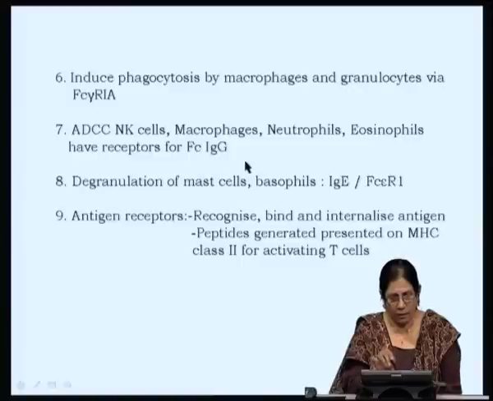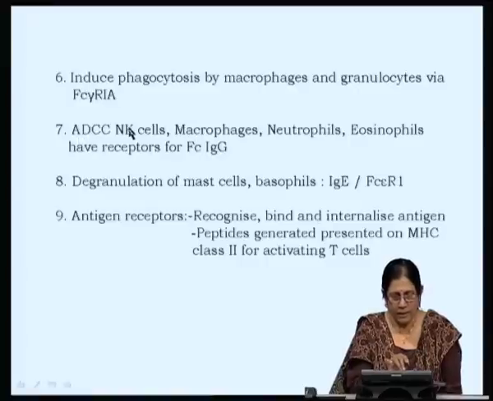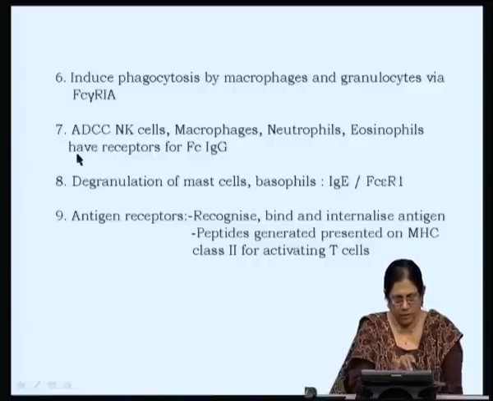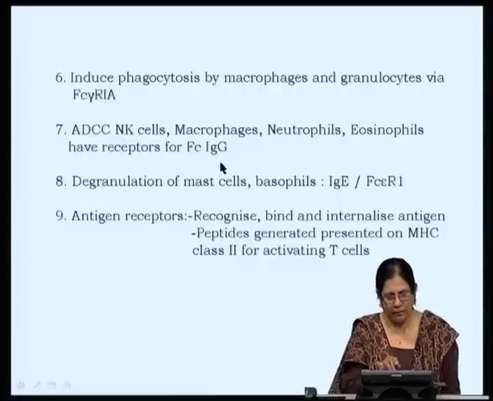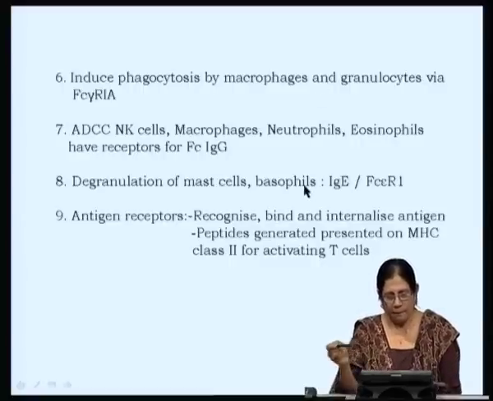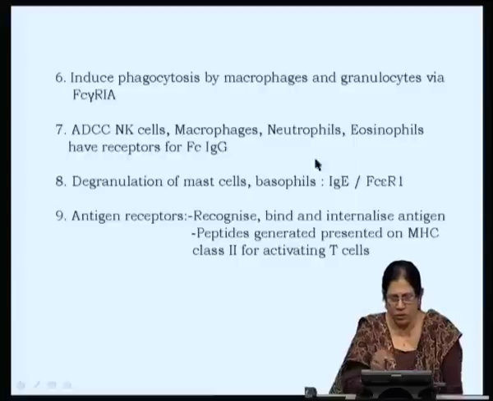Antibodies can also, by a similar method, bind to NK cells. In the case of phagocytes, it is phagocytosis which is enhanced. In the case of NK cells, toxicity is increased by ADCC, which is antibody dependent cellular cytotoxicity, because these cells have Fc receptors for IgG, and again by a similar mechanism can bring the pathogen closer to the cells.